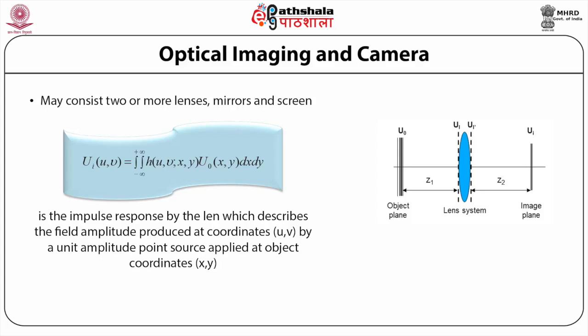So you take the Fourier transform of this function u0 along with the impulse function h, and you get the image in the image plane created by the lens.